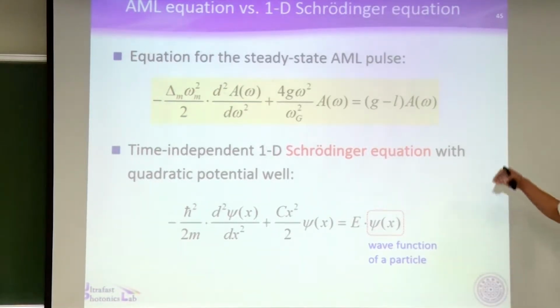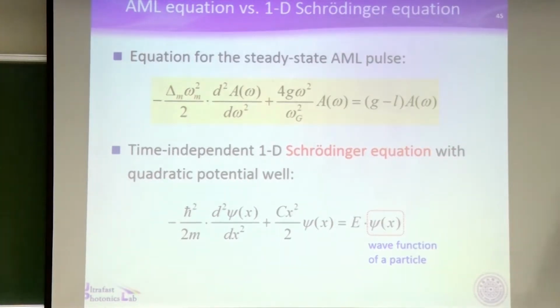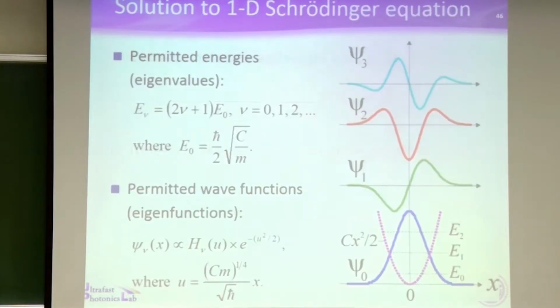So although this is an active mode-locked laser, this is from quantum physics, but they share the common feature. And mathematically, they share the same solutions, okay? So I just borrow what we can find from solutions to the one-dimensional Schrödinger equation with quadratic potential well.